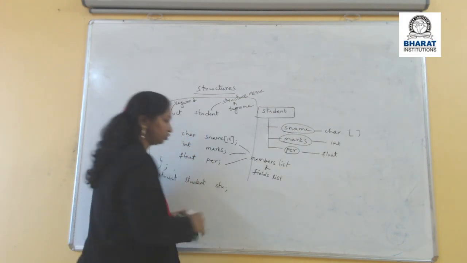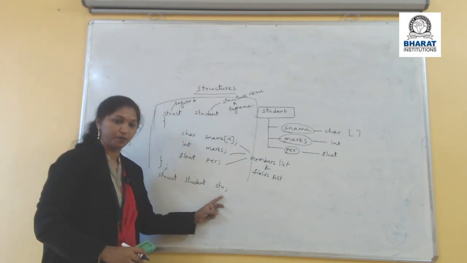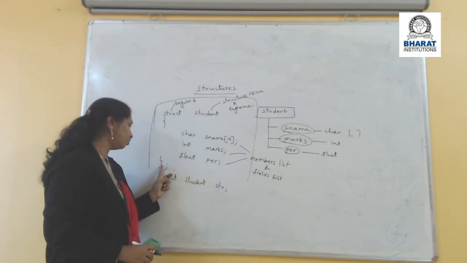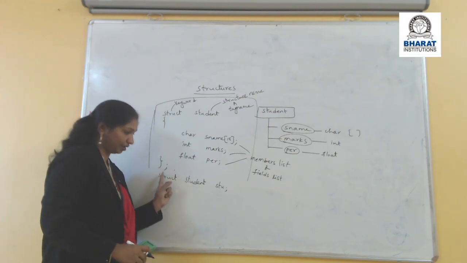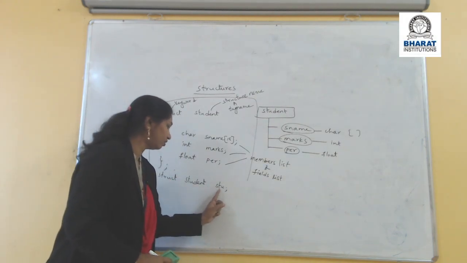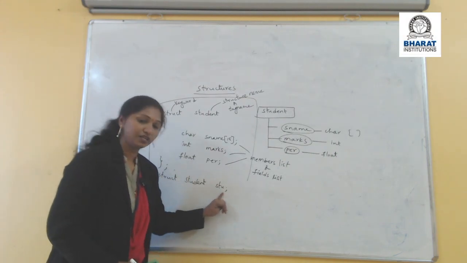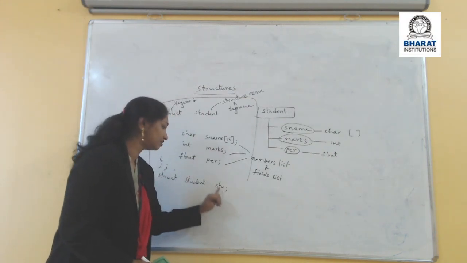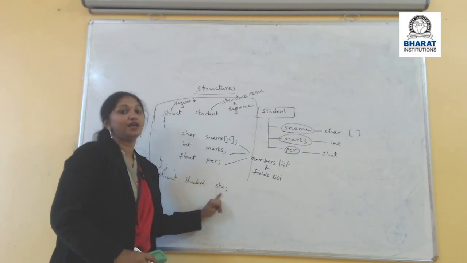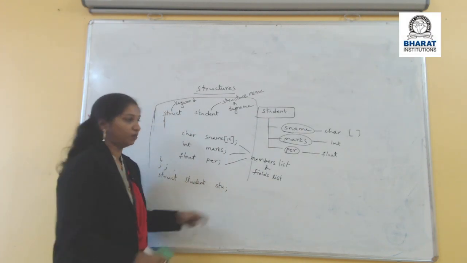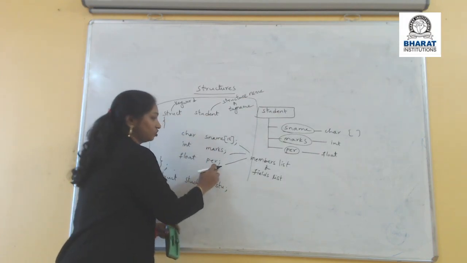In this way also we can create the structure variable. Here stu acts as a structure variable. With the help of this structure variable, we can access all these structure members.